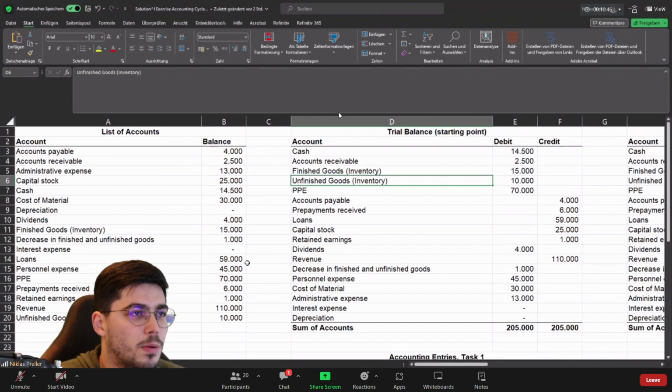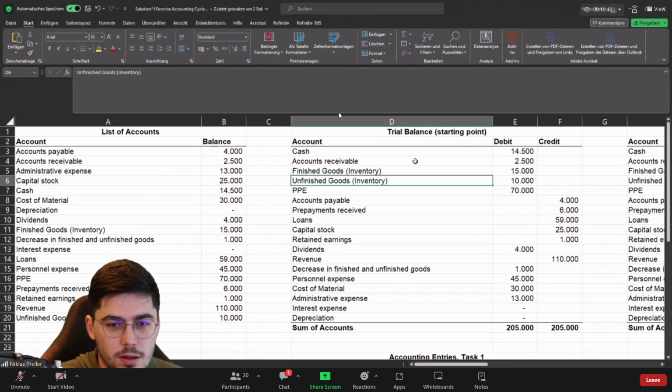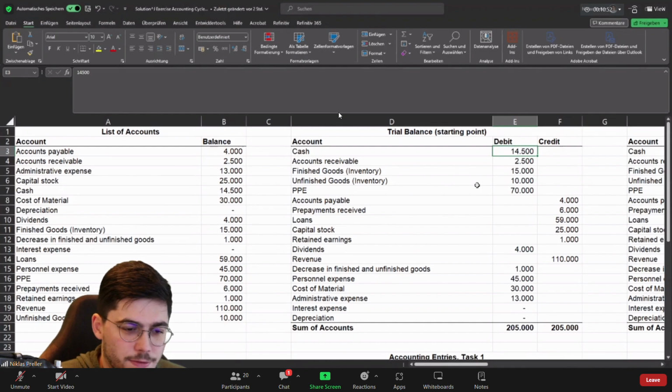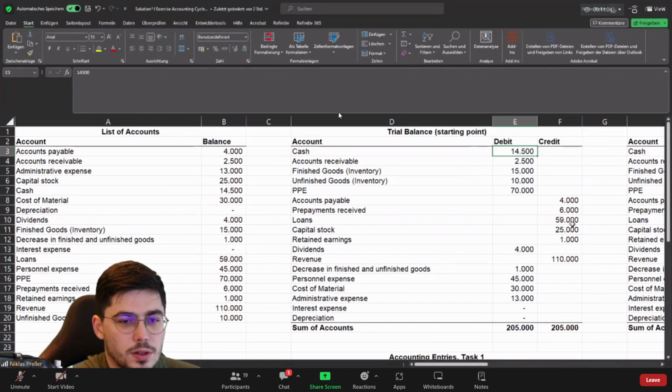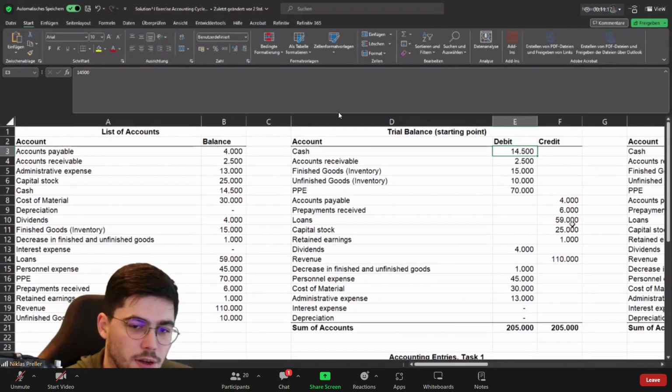Okay, so now we have the trial balance as a starting point, and we have the trial balance separated by debit and credit. On the debit side are all the debit accounts. On the credit side are all the credit accounts. All the debit accounts are those that increase when you debit them and decrease when you credit them. So cash increases on the debit side and decreases on the credit side.